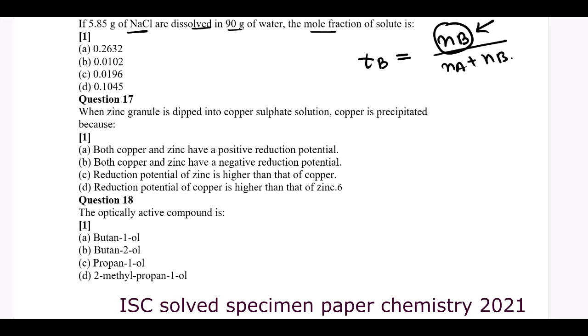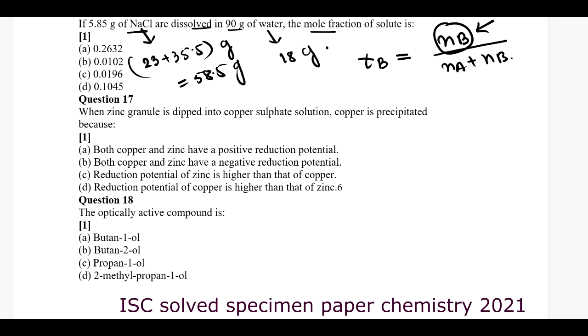Now in this case we need to know the mole number. To calculate the mole number we need to know the molecular mass, but here the individual atomic mass is not given. So for the common atoms we need to know the atomic mass also. For sodium chloride, the total molecular mass will be 23 for sodium and 35.5 for chlorine, so 58.5 gram. For water we know 18 gram.